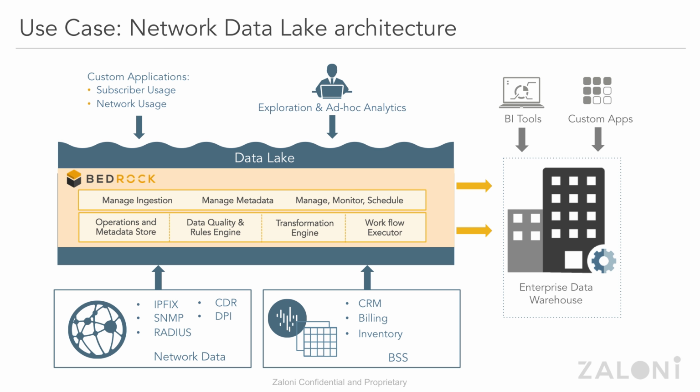So at an individual subscriber level, they can see based on IPFix and SNMP and CDR data coming in from the network elements, what is the subscriber using? Being able to offer differentiated services to those subscribers on a near real-time basis, right? Based on policies and other things.